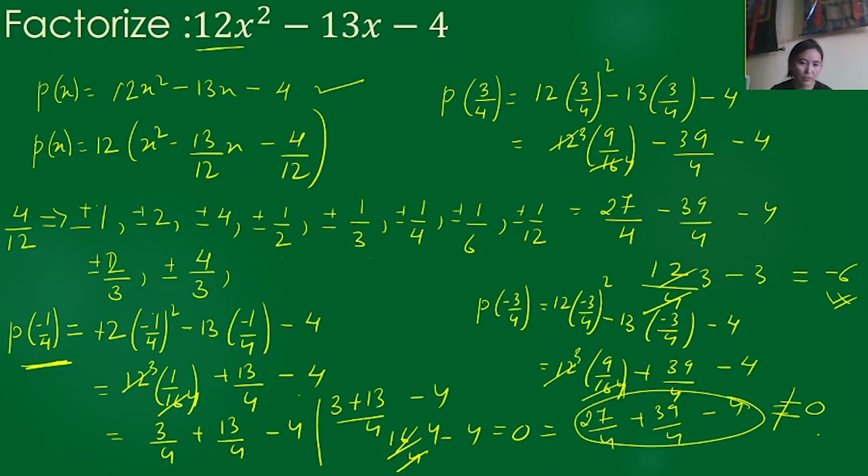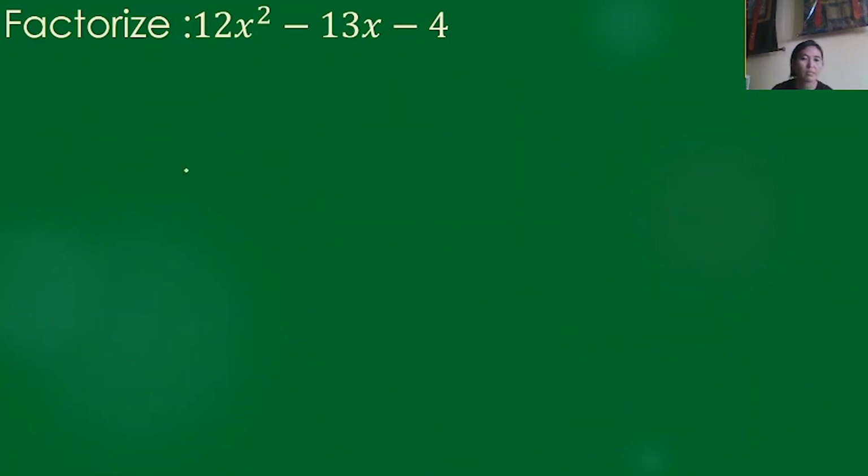Let's check for another one. So I'll erase this part. Please keep in mind that for x equal to minus 1 by 4, we have got the 0. So we'll check, we have got p of minus 1 by 4 equals 0.